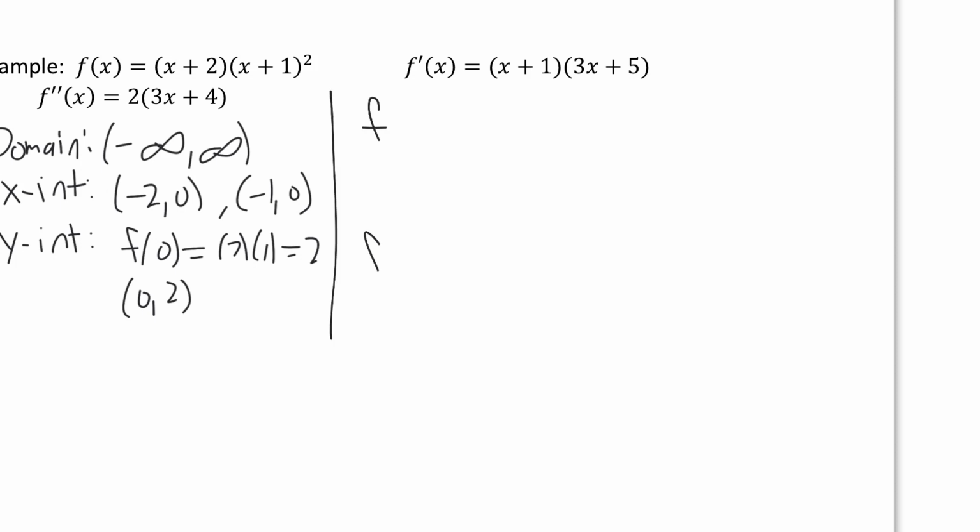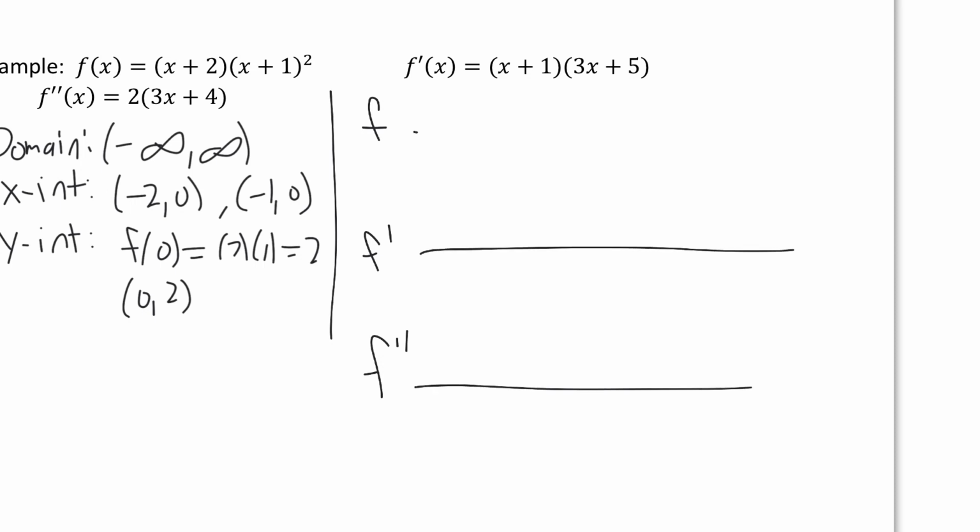We've got f, f prime, and f double prime. So for f, we've got intercepts at negative 2 and at negative 1. This one's even. Pick a number bigger than negative 1, say 10: positive, positive, negative.